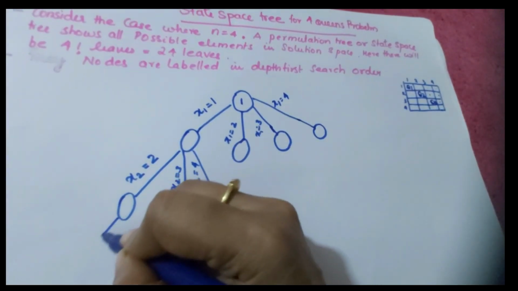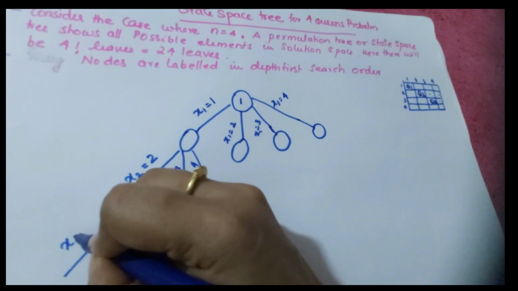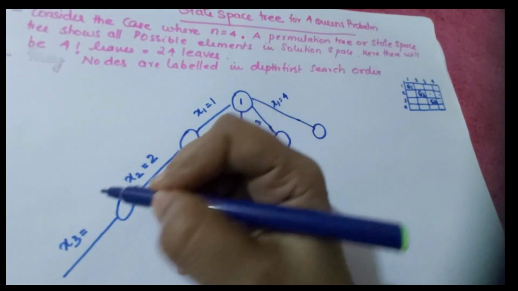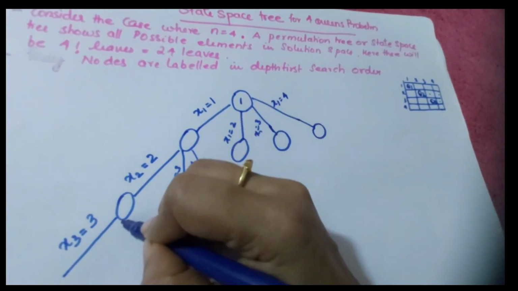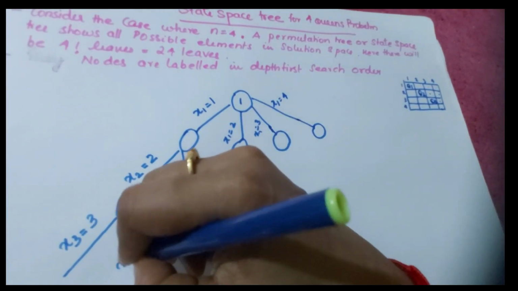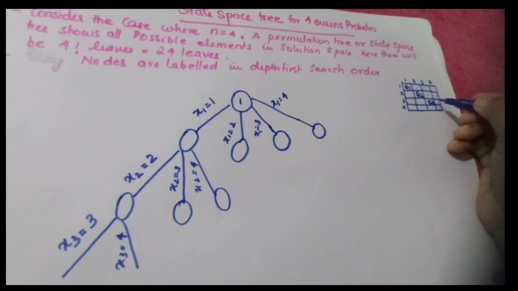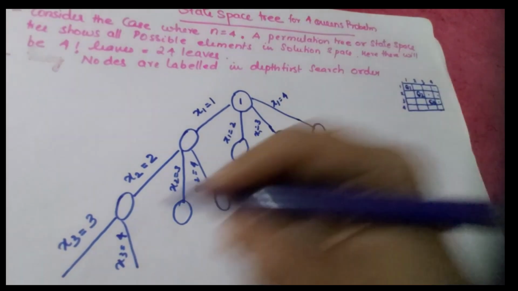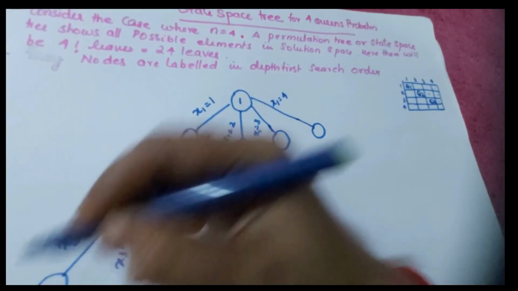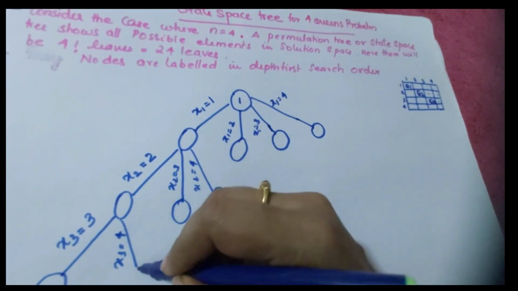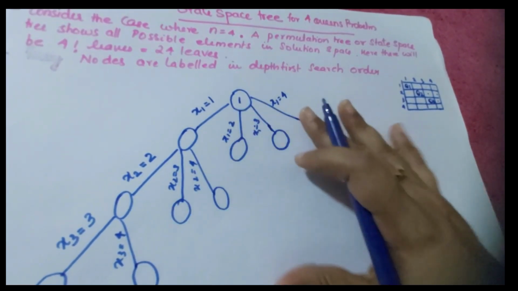So here X3 is equal to 3. Here X3 is equal to 4. So you can place here or here. Now I am going to place Q3 here. So this node has to be considered, and if you are taking the fourth position, this node can be considered.